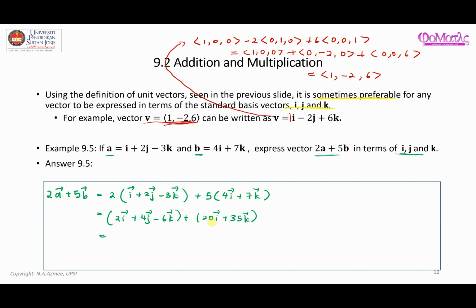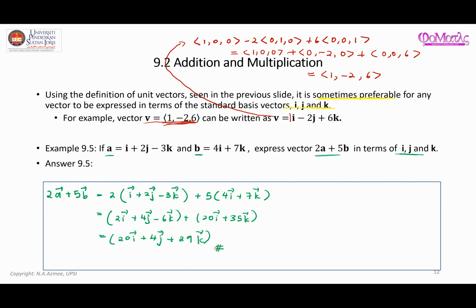So 2 plus 20 will be 22i. Next, 4j, there is no j in the other part, so it will just remain as 4j. Next, negative 6k plus 35k would be equal to 29k. So this is the answer.